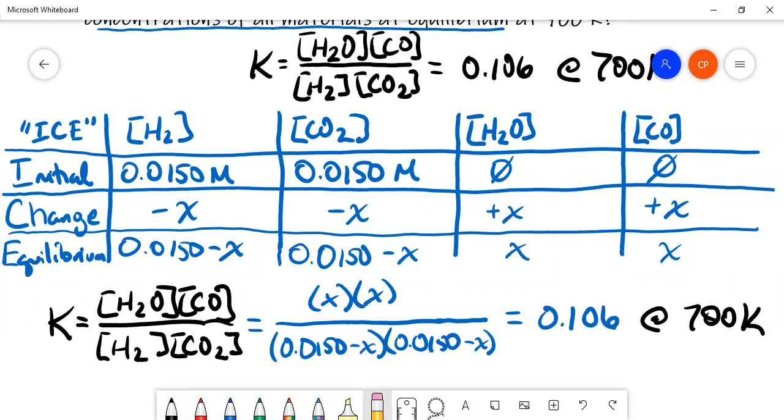Let me keep set aside in blue what I'm solving for here.